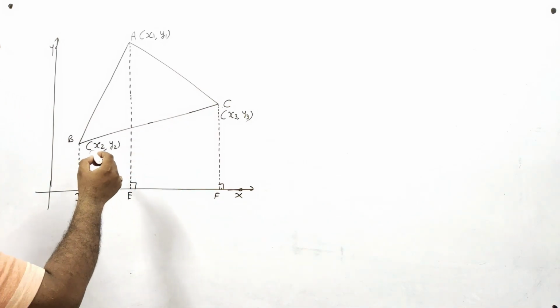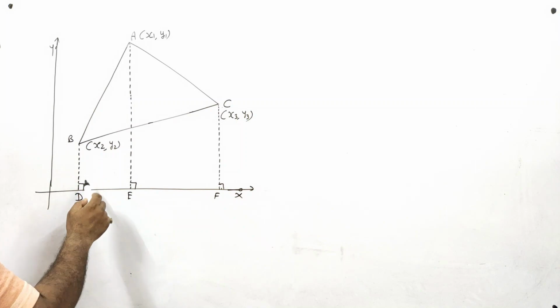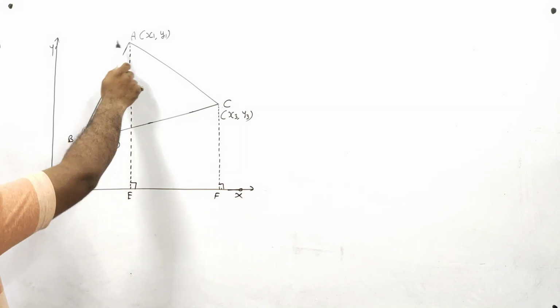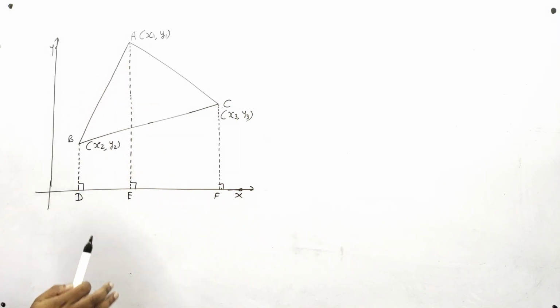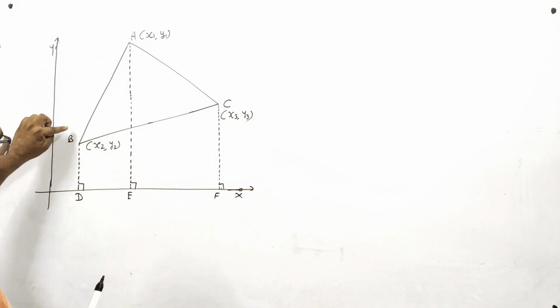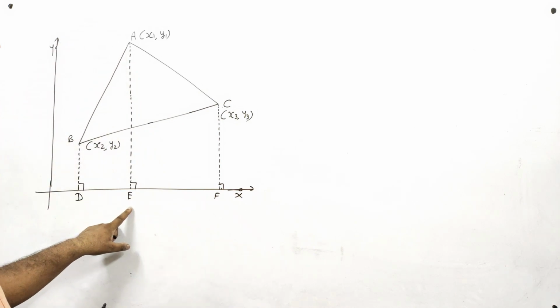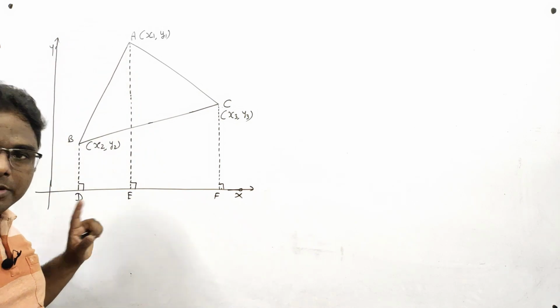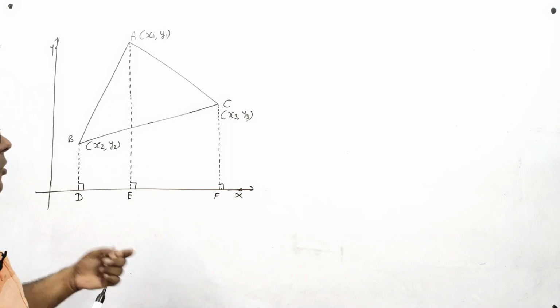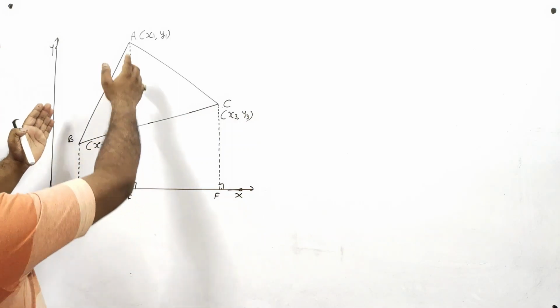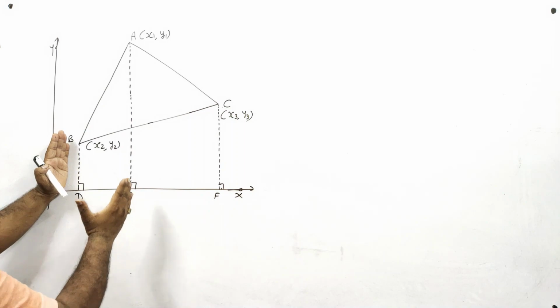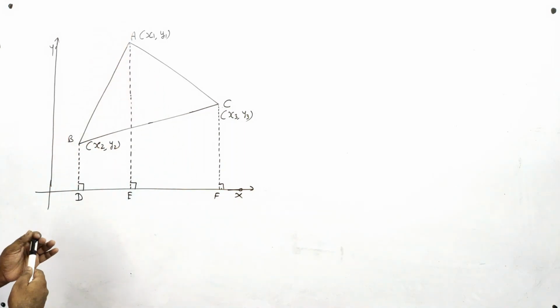Now students, can you tell me what type of quadrilateral ABDE is? ABDE. What type of quadrilateral is this? Yes, it is a trapezium. Why is it a trapezium? Because in this, the side BD is parallel to side AE.